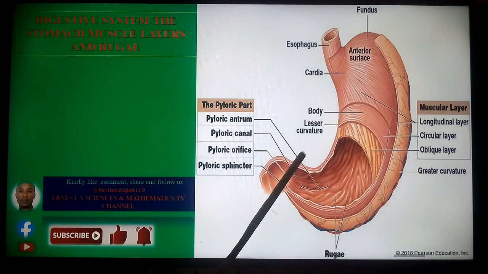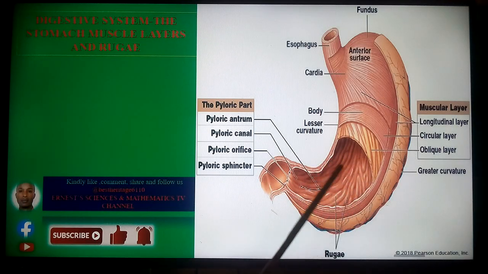And in a sense, they play a role in ensuring that the food is kept within this stomach, so that an appropriate action or reflex action takes place to ensure that the food which has been appropriately churned and made into chyme in the stomach is released.